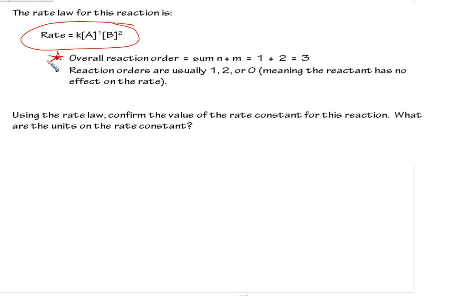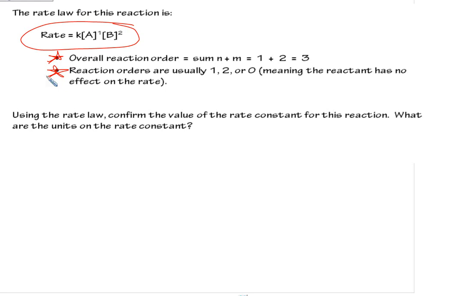The overall order of the whole reaction is just the sum of those individual orders. By far, these are the most common rate orders, and they're the only ones that you will ever need to deal with. There are others, and you can have half orders and kind of crazy things like that, but these are the only ones that you need to be familiar with for the AP test.